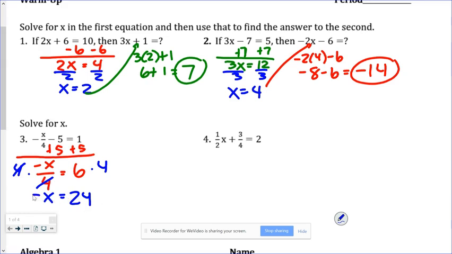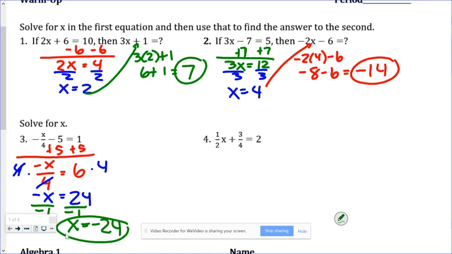I can't have this negative sign in front of the x. So I need to divide both sides by negative 1, because remember there's this invisible 1 here that we don't usually write. So divide both sides by negative 1. Then you get x is equal to negative 24.